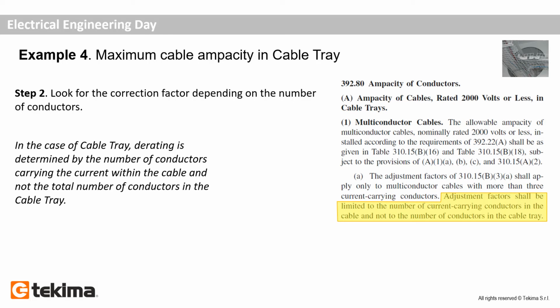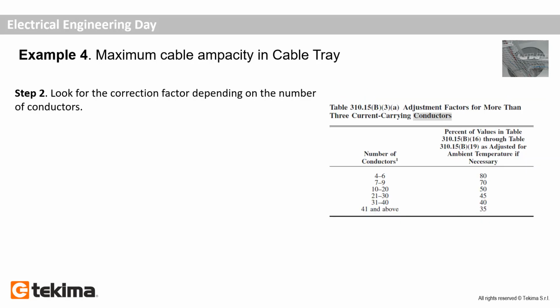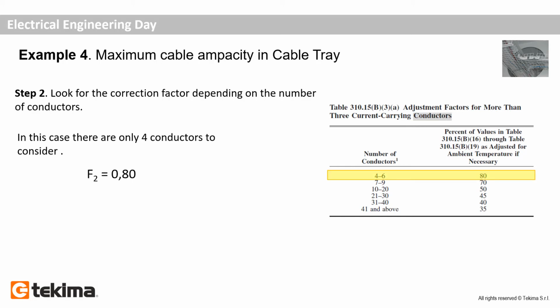So the adjustment factor that takes into account the conductors grouping in the cable tray is completely different with respect to the adjustment factor for the conductors grouping used in the raceway. Considering this rule, the number of conductors carrying the current in the cable is 4, which means that the adjustment factor in this case will be 0.8.